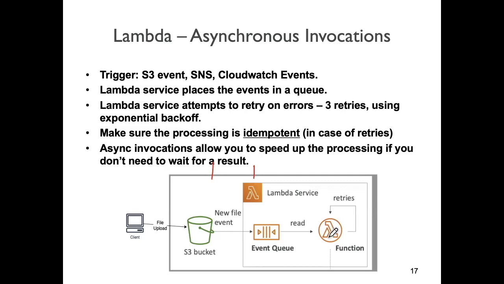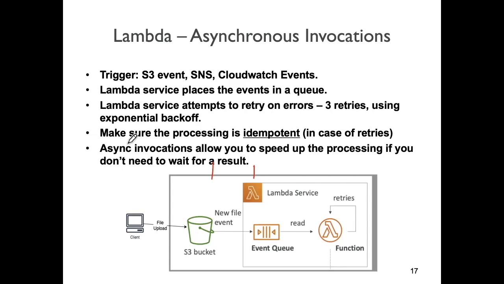If it still crashes on this second occasion, it will wait for double the delay time, which we're now up to 12 seconds, and then invoke it again. And now we've had 3 retries. At that stage, it gives up. And we can talk some other time about how we clean up all of this stuff. But the Lambda service takes care of retrying your Lambda function on a number of occasions in case of failure.